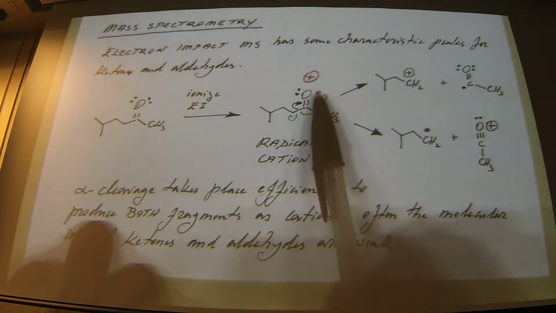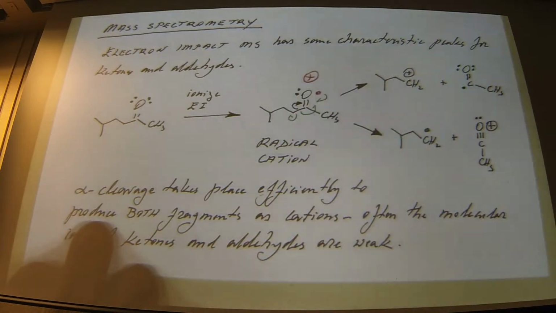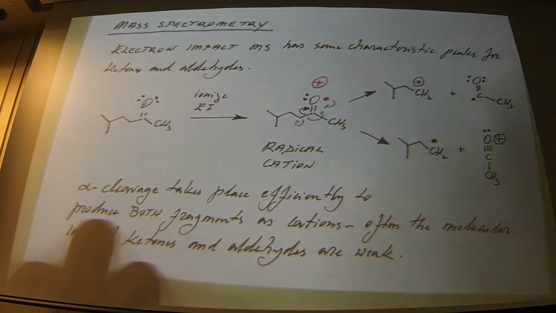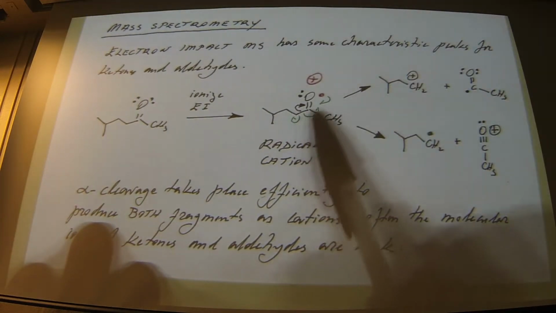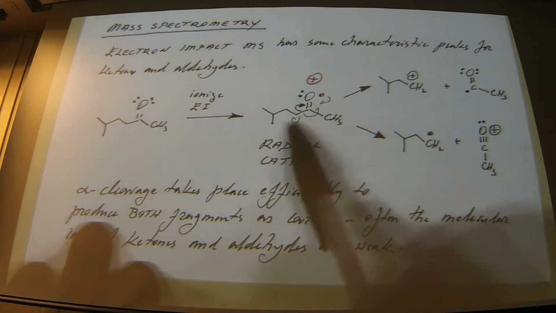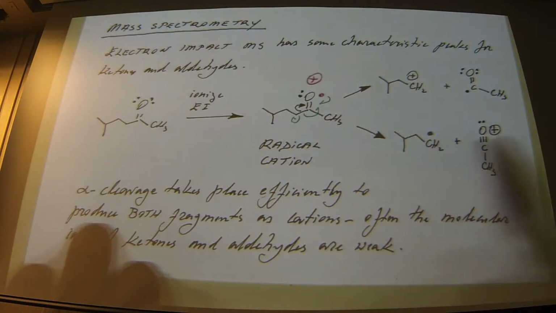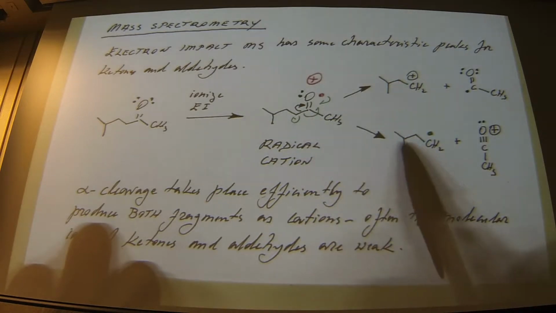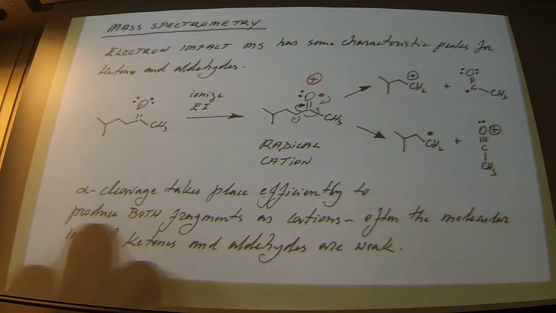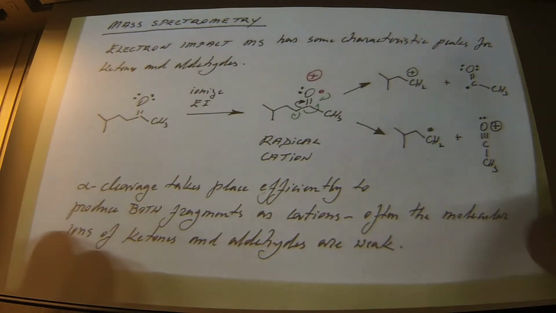It's a radical because I have one electron here, because I've lost an electron with its negative charge. It's a cation, and then I can do these radical reactions to get the fragmentation. So work out the curved arrow mechanisms to go from here to these two, and convince yourselves that it works on the other side too.